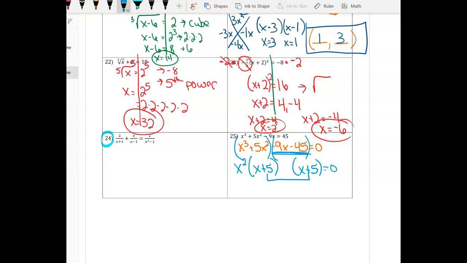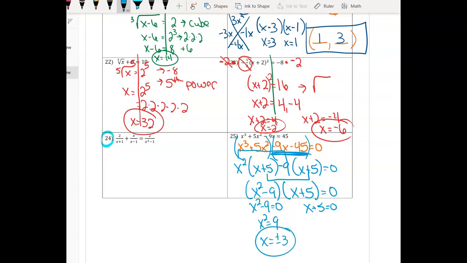And that means I will have to factor out a negative 9 for that. And then my factors are x squared minus 9, x plus 5. I now have one type of x for each problem, so I can set them equal to 0. And I'm going to add 9 and then square root, and I get 2 answers. I'm going to subtract 5 and get my third answer of negative 5.